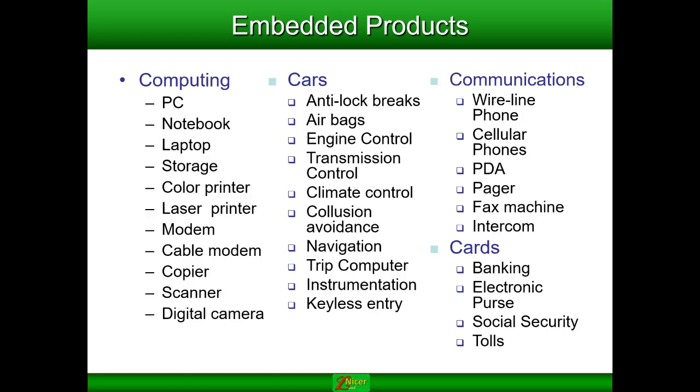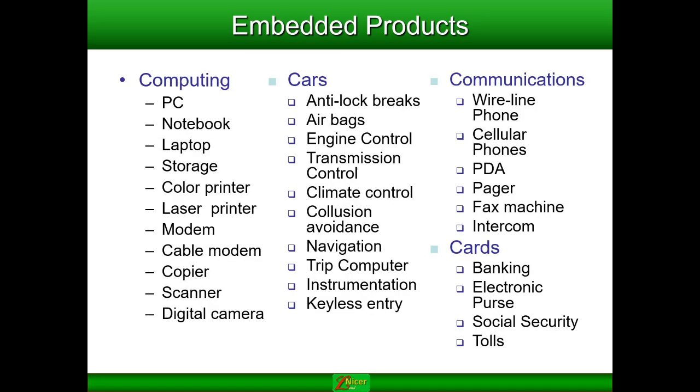In our cars, we have some embedded products as well, which includes anti-lock brakes, airbags, engine control, transmission control, climate control, collision avoidance, navigation, trip computer, instrumentation, keyless entry. A lot of these are included in electric cars mainly because it is a whole system present in there.